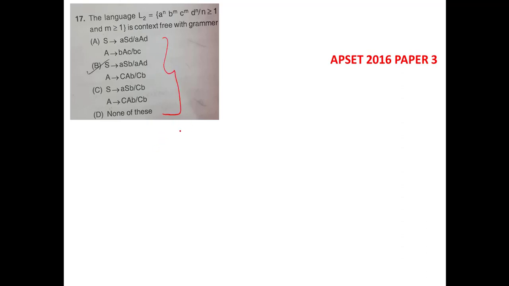Now check the first option, that is S tends to ASD or AAD, and the next one is A tends to BAC or BC.